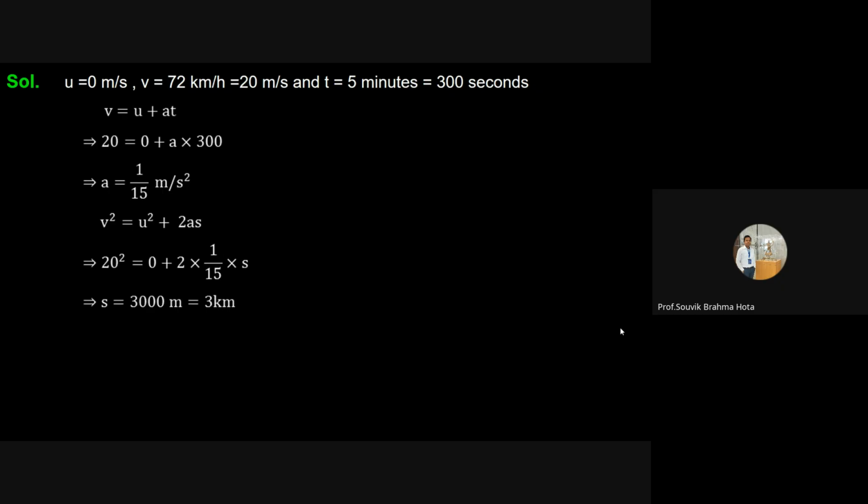Then use v is equal to u plus at, and you will find the acceleration, that should be 1 by 15. Then v square is equal to u square plus 2as. From that, v square is 20 square, u square is 0 square, plus 2 into a, which is 1 by 15, into s. So s is equal to 3000 meter, so 3 kilometer.